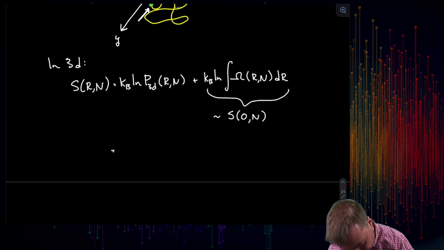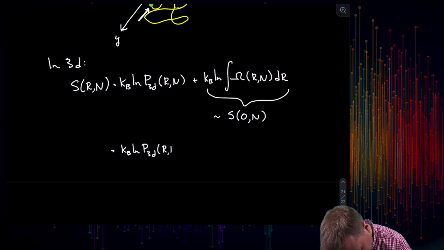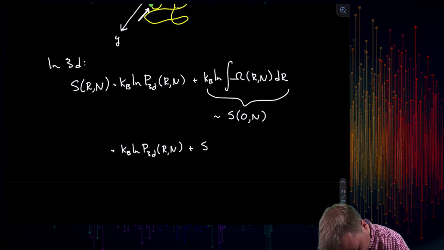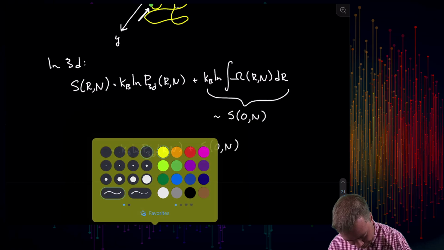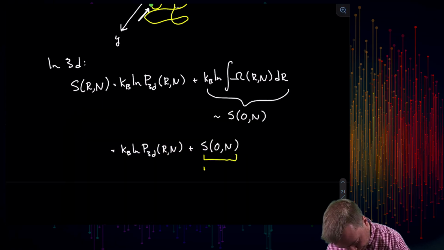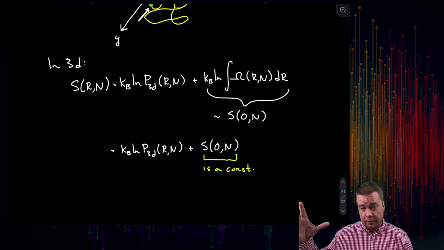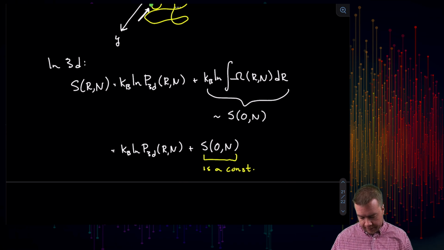So that means that our total entropy will be Kb times the log of that probability distribution, and then plus S of 0 and n. And just to say it one last time, this is a constant. It doesn't depend on the size r of your chain, right? It certainly depends on the number of monomers you have, but that's it.